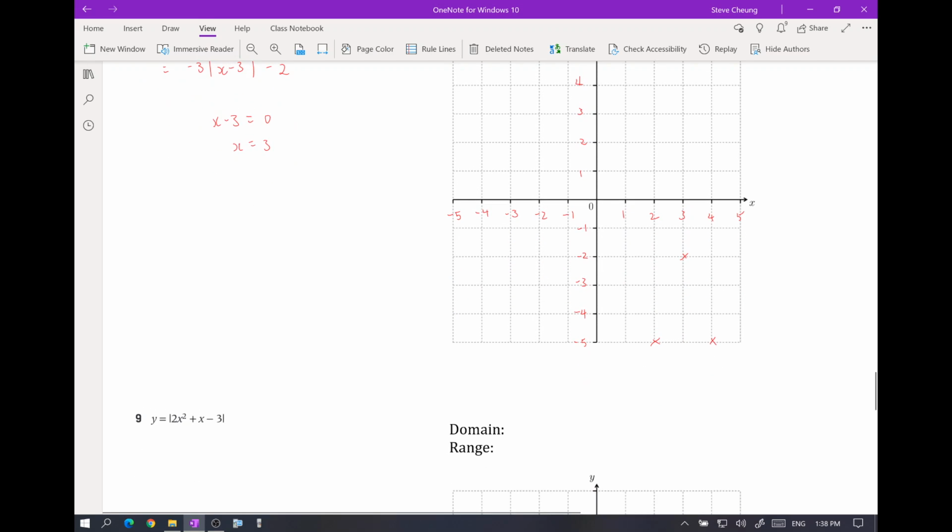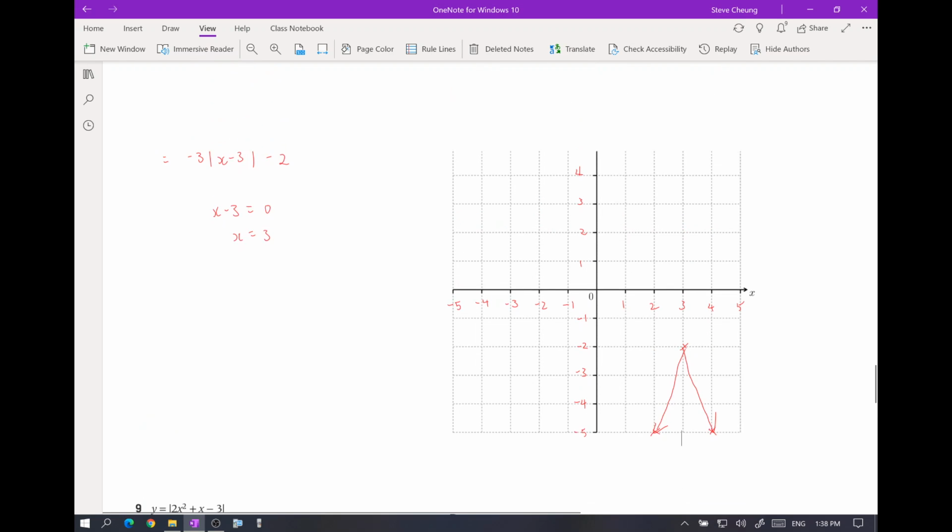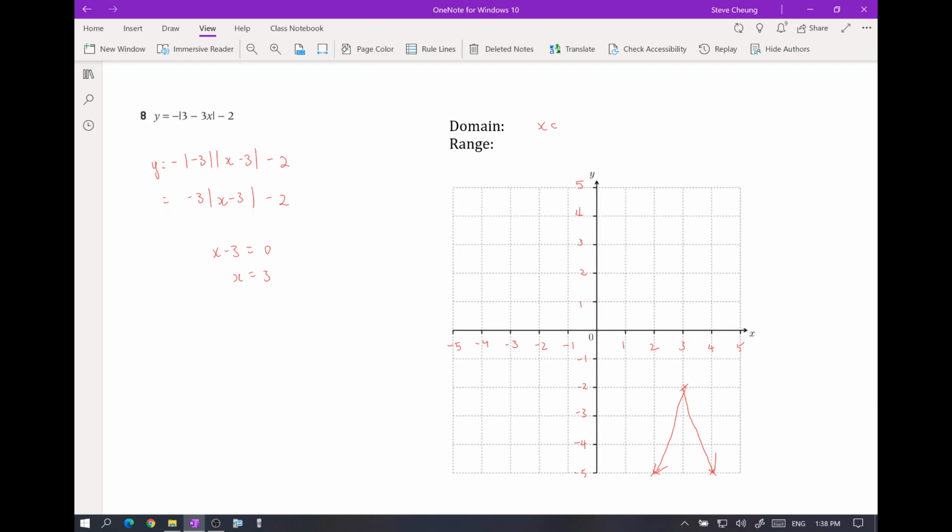Ooh. So the domain, again, is all real numbers. And the range is anything less than or equal to -2. I may have said X, but I meant Y.